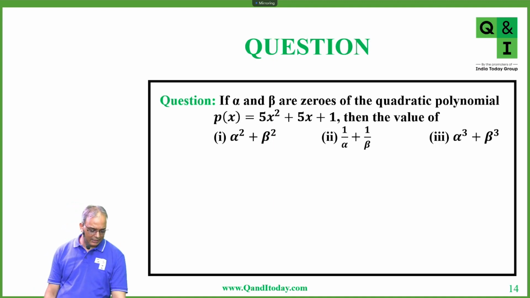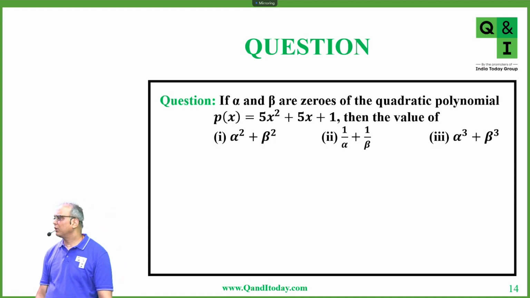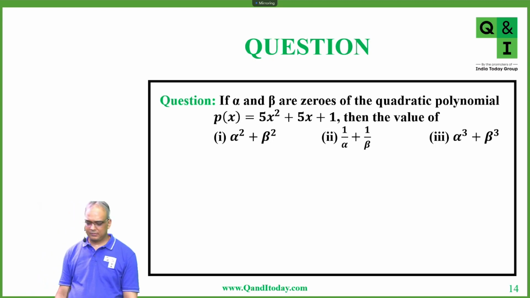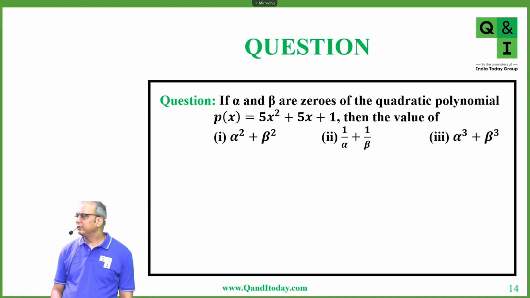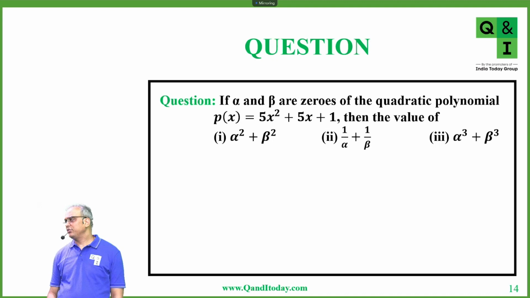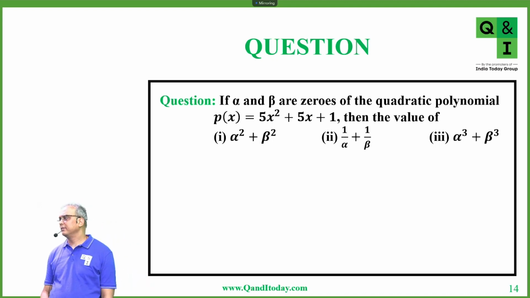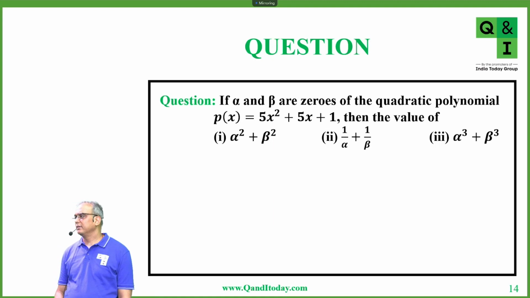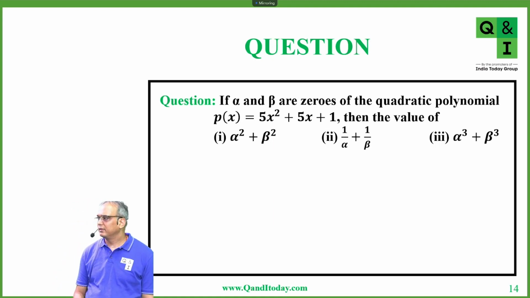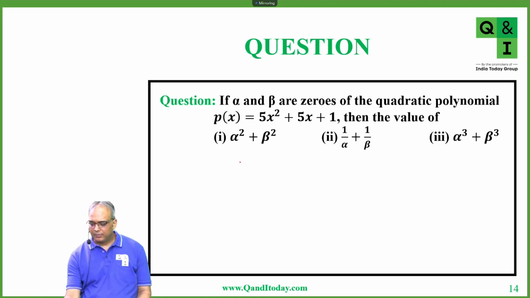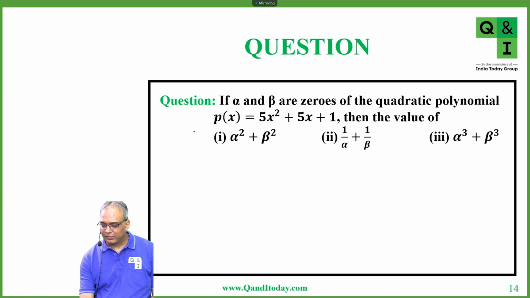First part, the answer is not 2.5. Can you check your answer, Raghavi? So you have to calculate the value of alpha square plus beta square.